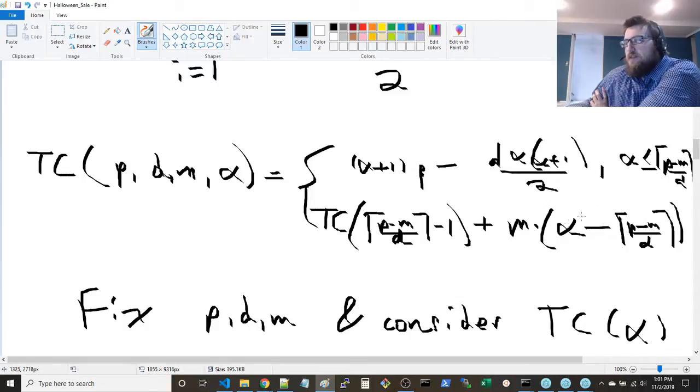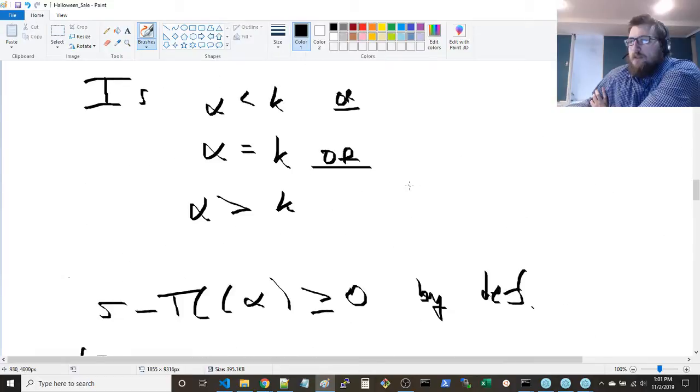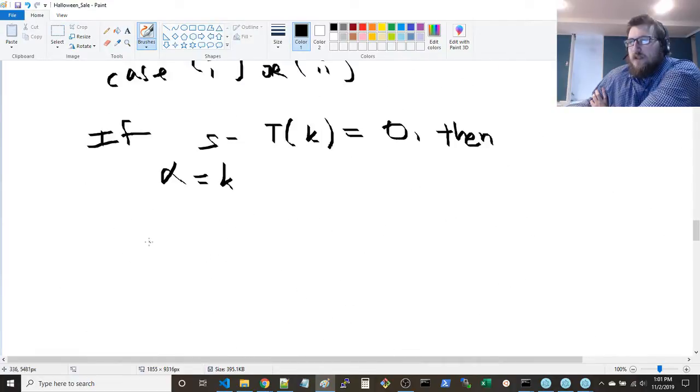Yeah, if it's equal to 0, then this is just k. If it's less than 0, call it t of k rather than t of c.